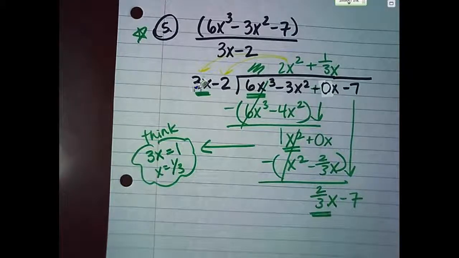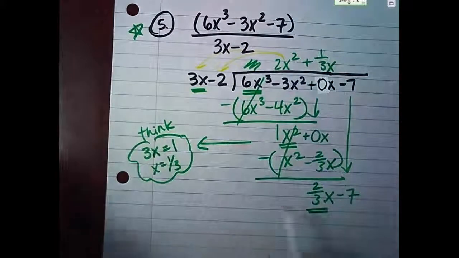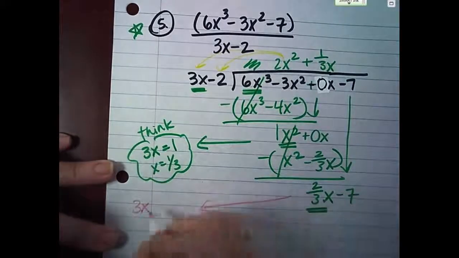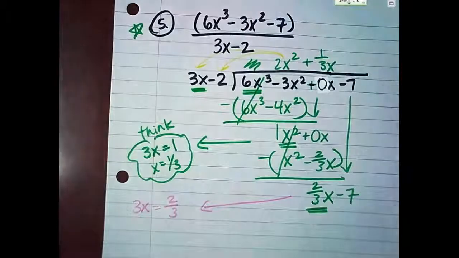Three times some number is going to get me to 2/3. I've got to figure out what number it is. Okay? Think about it like that. 3 times something needs to land me at 2/3. What works?